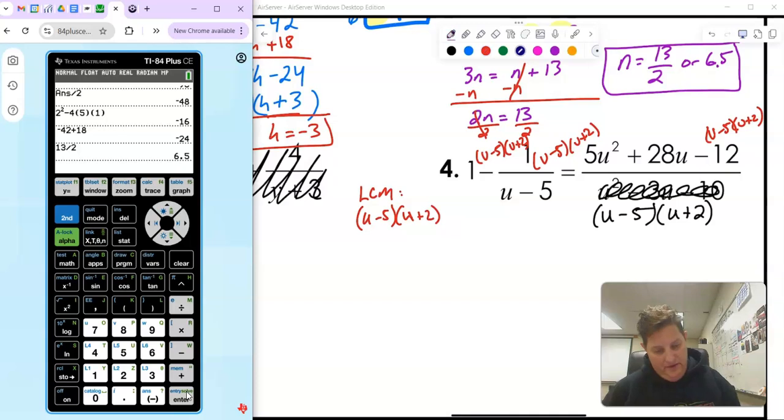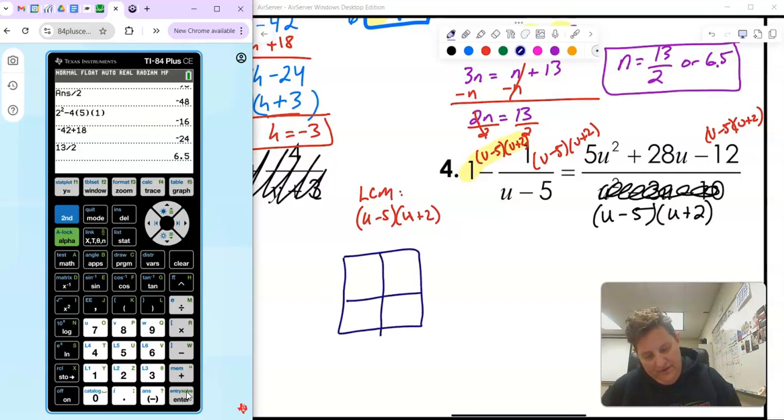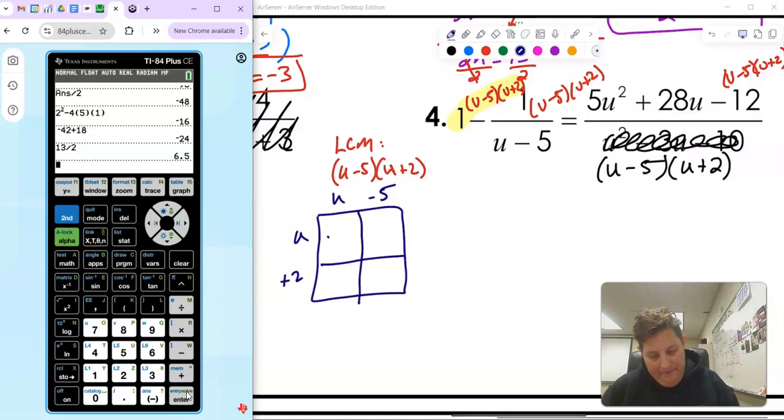This is a little hectic, but on this first part, unfortunately, nothing crosses off, so I've got to multiply this out. u minus 5, u plus 2: I get u squared minus 5u plus 2u minus 10. When I combine those, I get u squared minus 3u minus 10.